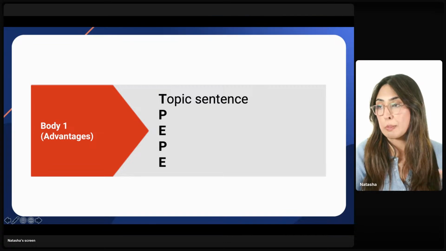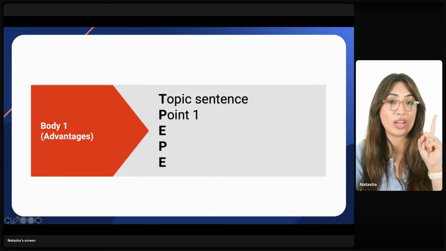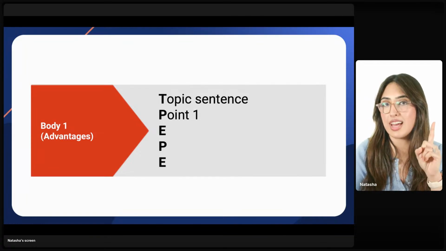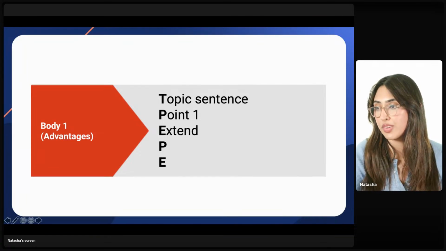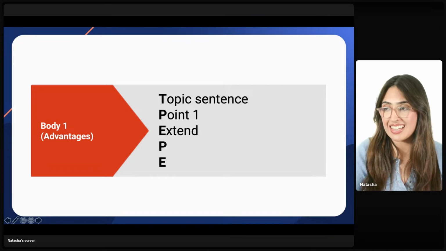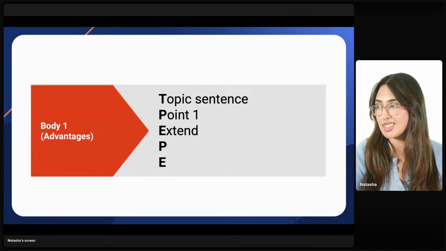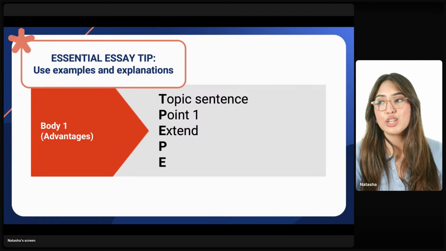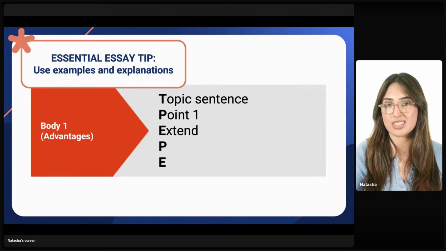Then P, the first P stands for point 1, and in this case, you're going to talk about the first advantage, advantage number 1. You then need to extend about this point. So this is where our essential essay tip comes in handy, using examples and explanations.